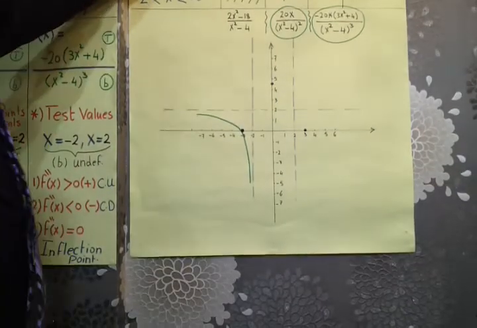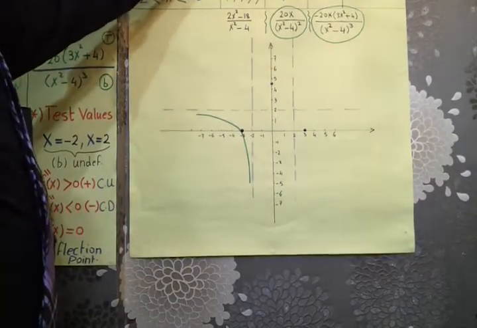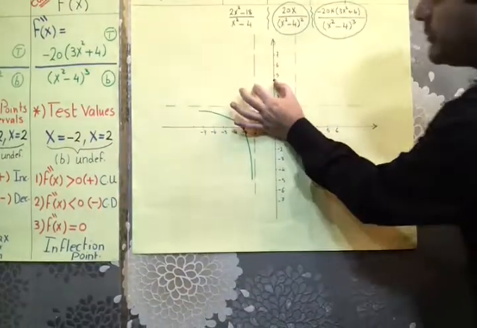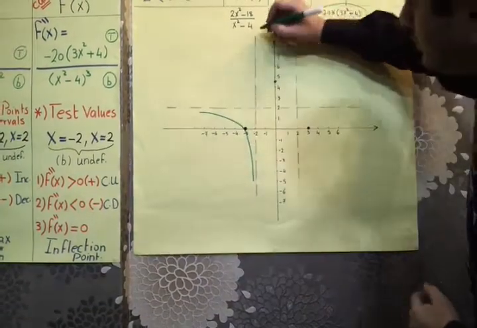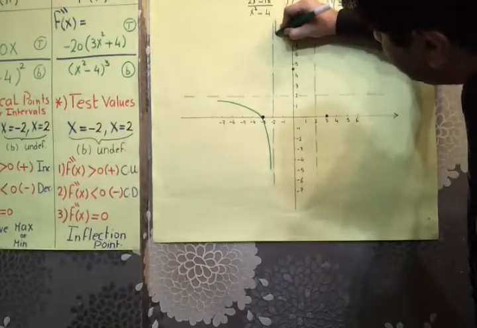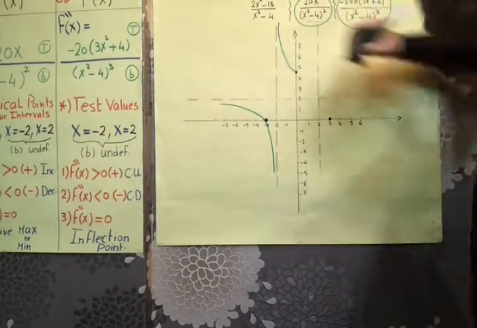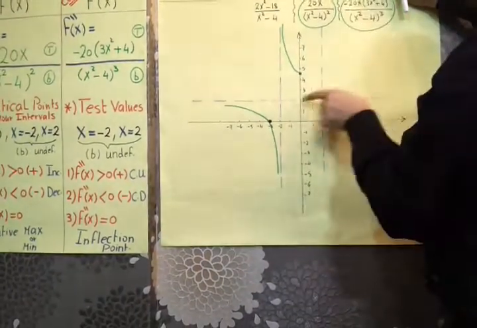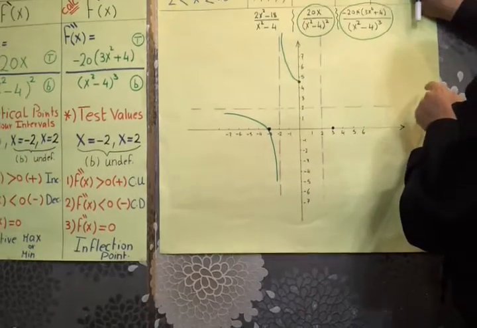What about the interval negative 2 to 0? It's going to be in this interval, right? So we're going to graph it like this way. And the third one, from 0 to 2, increasing and concave up.